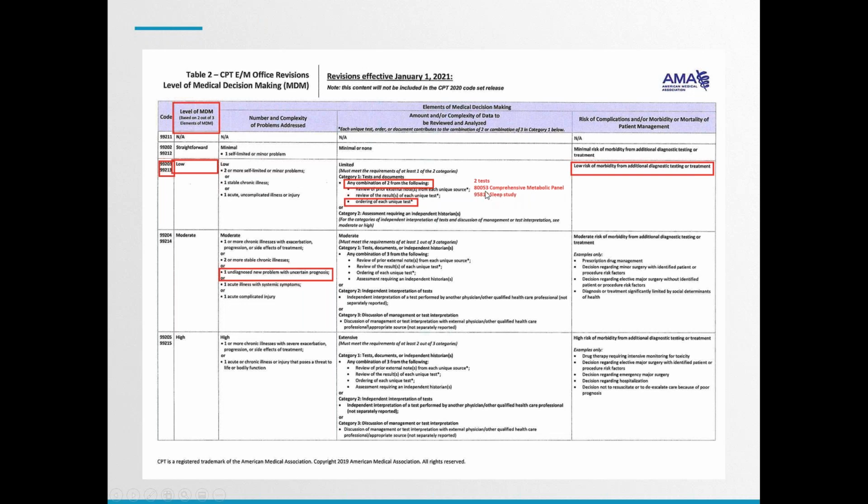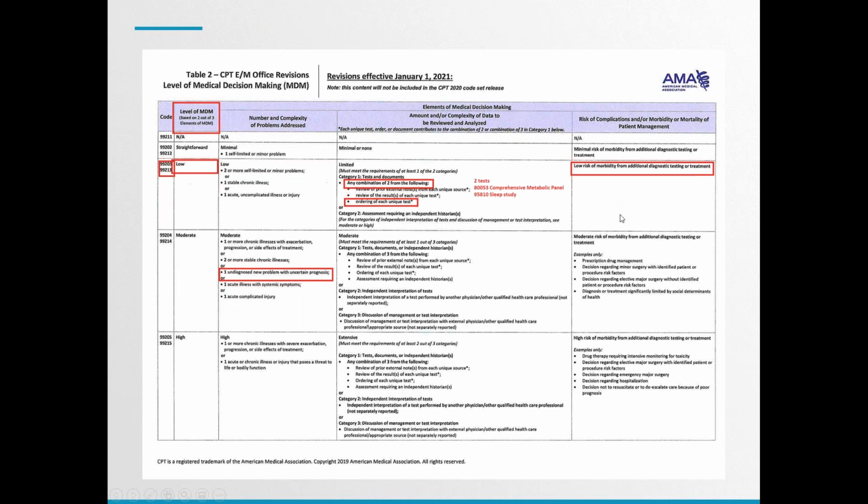Now, even though the 80053, that comprehensive metabolic panel, includes about 14 laboratory tests, they only get credit for 1 because it's identified by 1 CPT code. And because both of these tests are sent out, they're ordered, they're not done in the provider's practice, he'll get credit for ordering each of these 2 unique tests, meeting category 1, so the data elements are low.